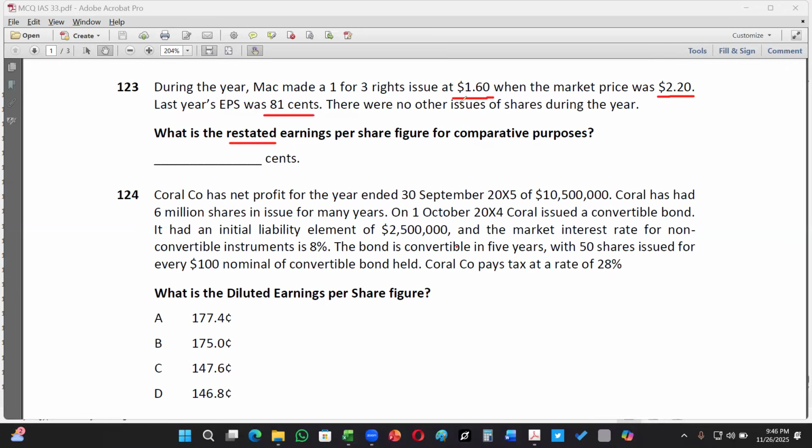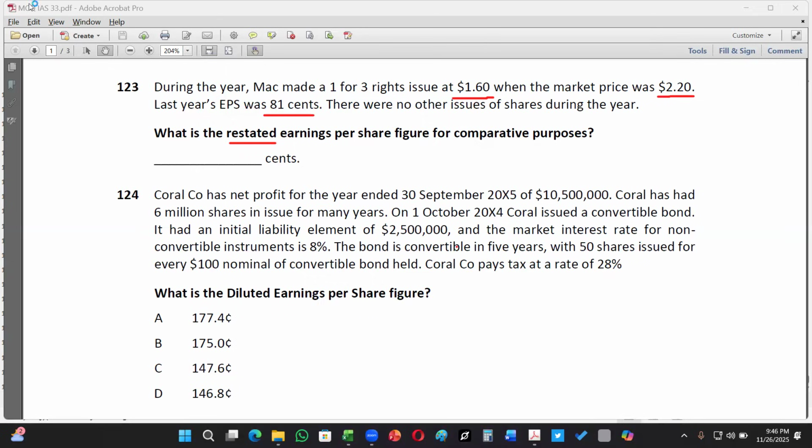There was no issue of shares during the year. So what is going to happen this year? We have made this rights issue of shares, so the number of shares is going to increase, and the EPS for the current period is definitely going to be less. It is going to fall. So you understand that when we make the rights issue, the EPS goes down.